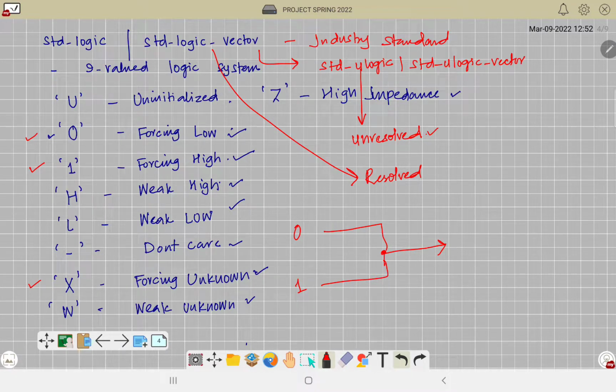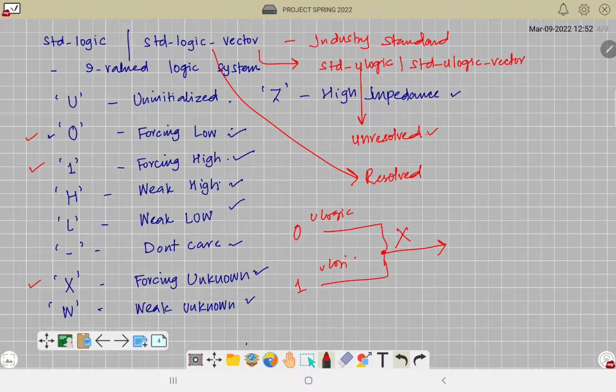If you have defined them as ULOGIC, they won't be resolved. And if you have defined them as STD logic, they will be resolved according to a particular table. Okay? But again, it will lengthen our discussion. Take it as a small assignment.